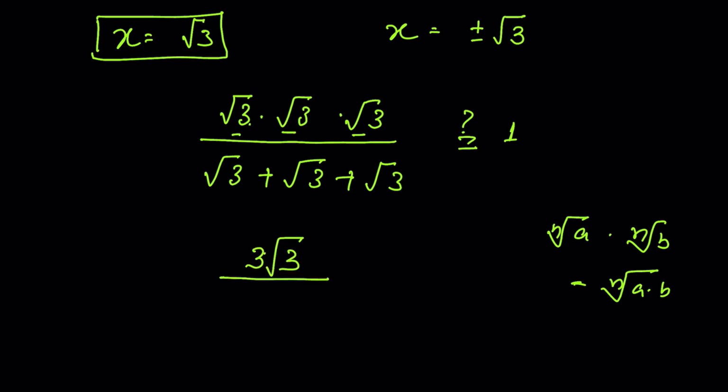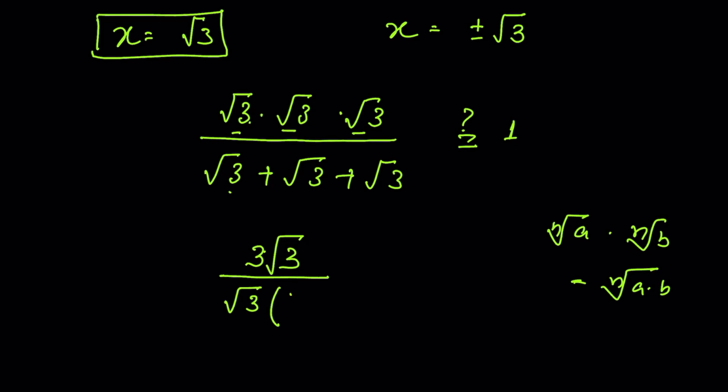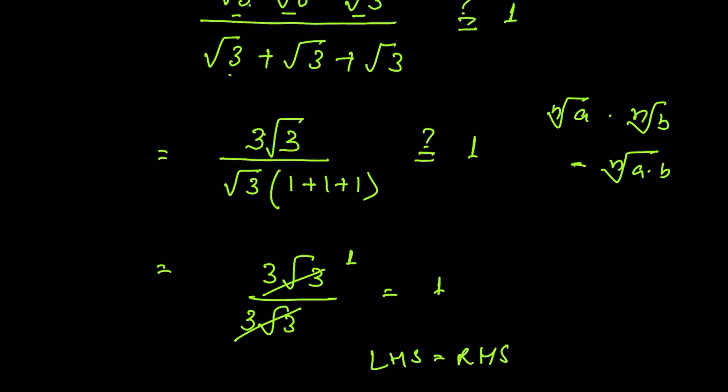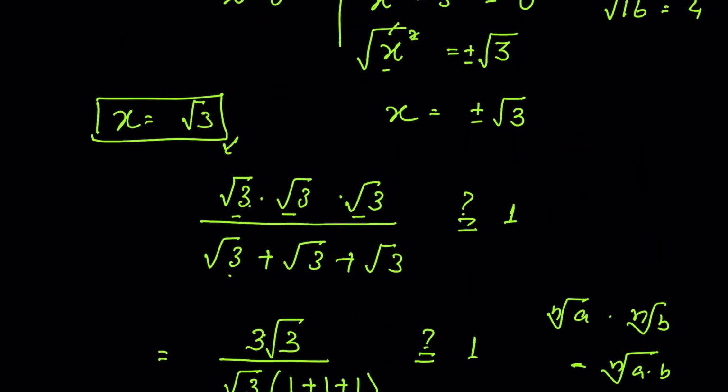Then upon here also, square root of 3 plus square root of 3 plus square root of 3 means we can take square root of 3 common and write 1 plus 1 plus 1 inside the bracket. This equals 3 times square root of 3 upon square root of 3 times 3. So these two are like factors, we can cancel them. LHS equals RHS. So this satisfies the equation.